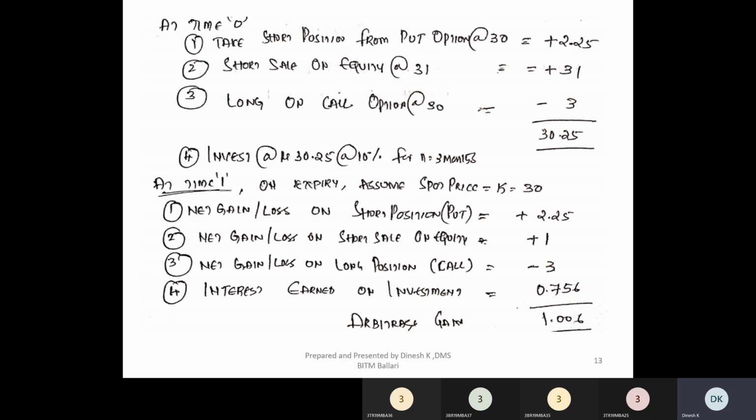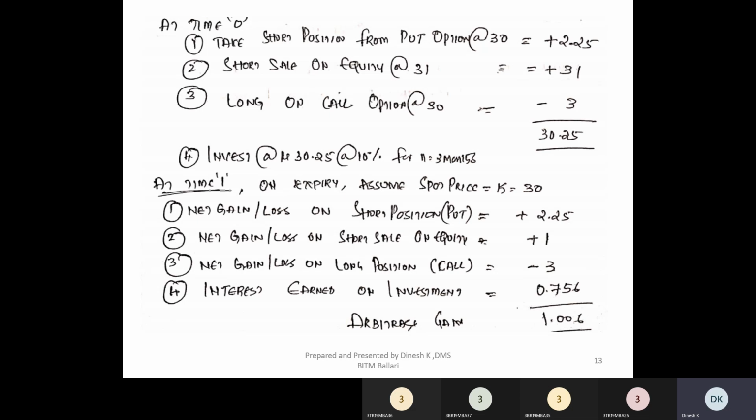You entered a short position on a put option where you have an obligation to buy for 30. Will the put buyer, who has a right to sell to you, come and execute the contract or withdraw it? What would be the action of the put buyer here?